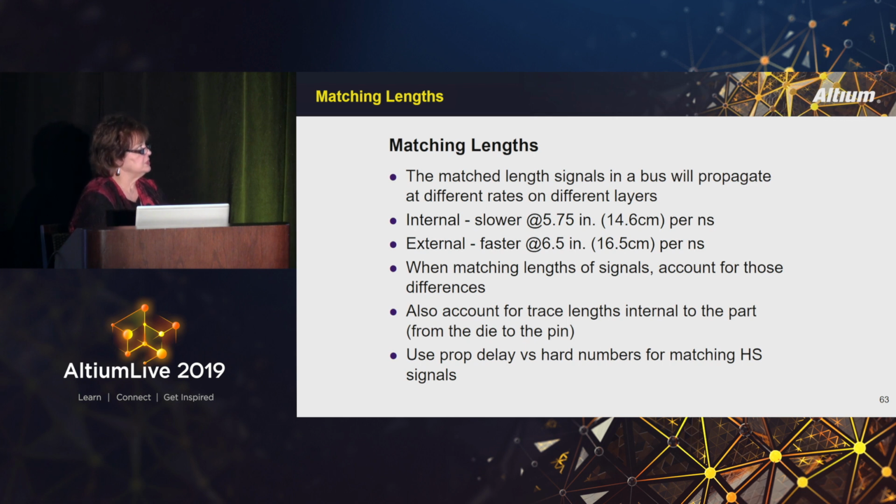And also you need to be aware that there are length differences from the die to the pin on the inside of the part, and if you're accounting for the trace lengths, you need to be aware that there's some variance there inside the die before that actually gets onto the lines. And so your matching lengths may not work exactly as planned if you only consider the actual traces that you're putting on the board.